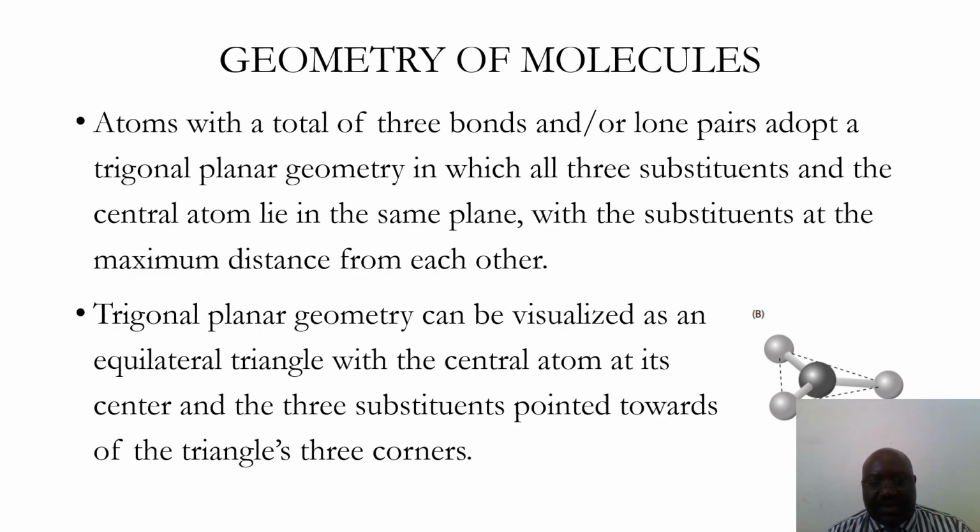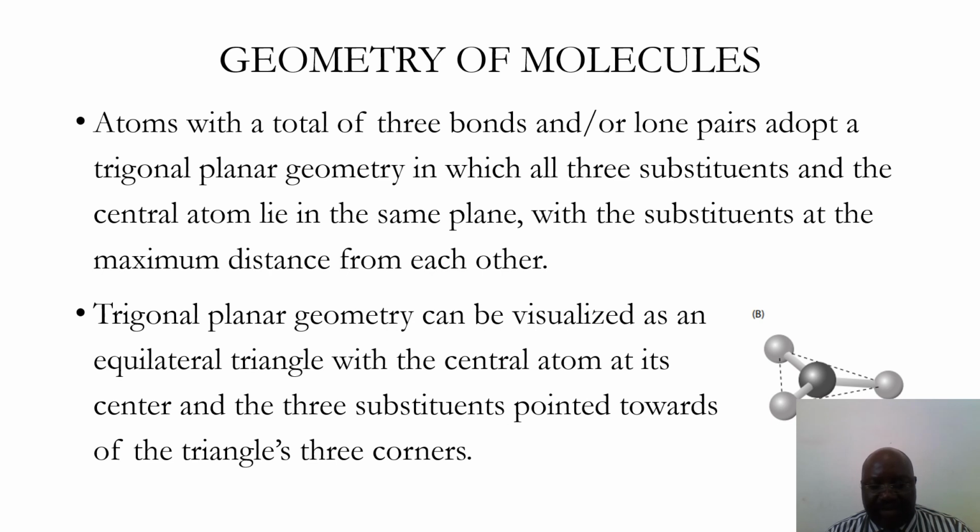Atoms with a total of 3 bonds and/or lone pairs adopt a trigonal planar geometry in which all 3 substituents and the central atom lie in the same plane, with the substituents at the maximum distance from each other.